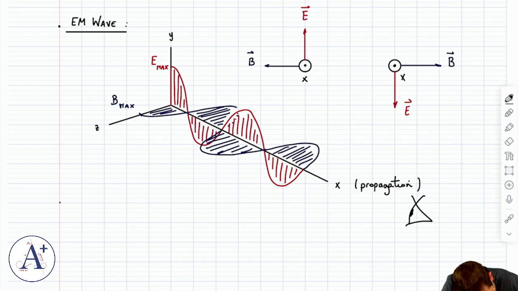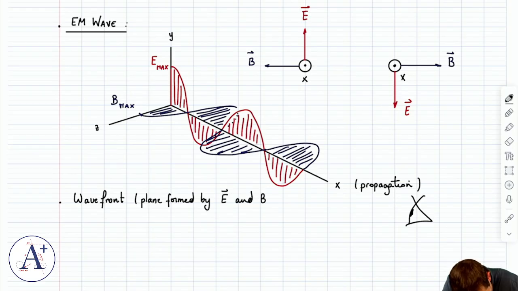Okay. Now the wavefront, which is the plane formed by E and B, is perpendicular to the direction of propagation.